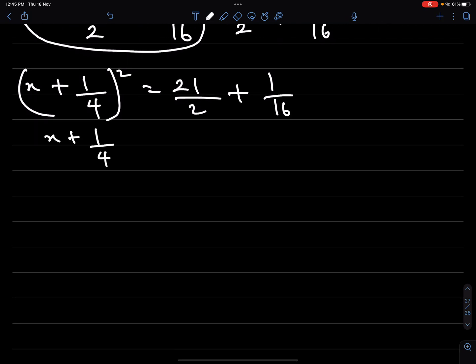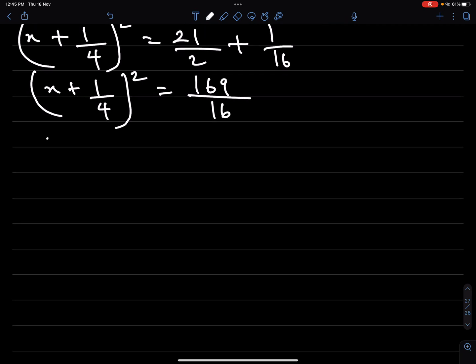That means x plus 1 over 4 all squared equals, if we work this out, 21 over 2 plus 1 over 16, that's going to be 169 over 16.